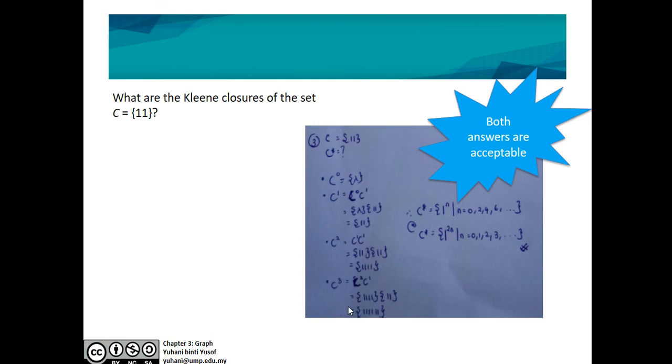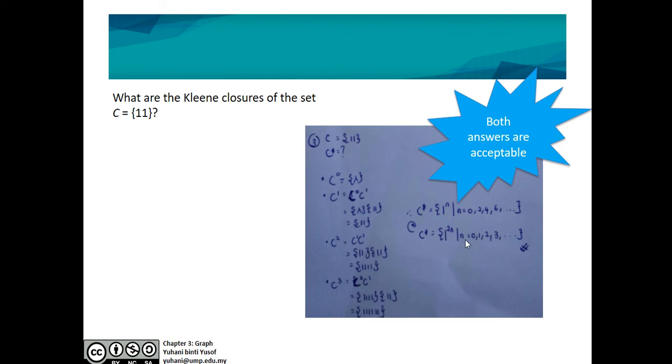When you do C3, you get six 1s. So you see the pattern here: 2, 4, 6 repetitions of 1. So you can say that C star is 1 to the power n, where n is 0, 2, 4, 6, or you can say just 1 to the power 2n, starting from n equal to 0, 1, 2, 3.